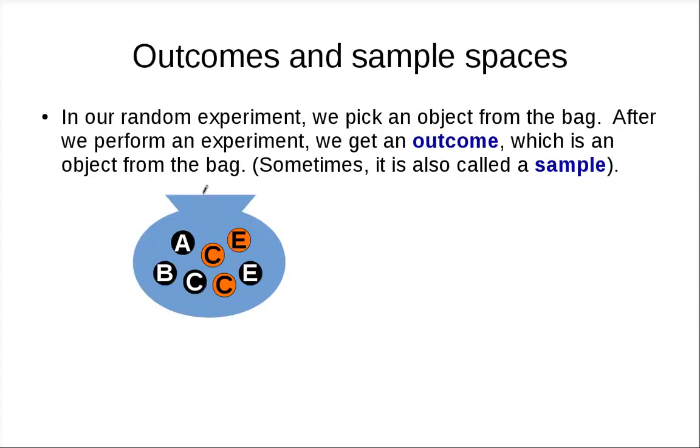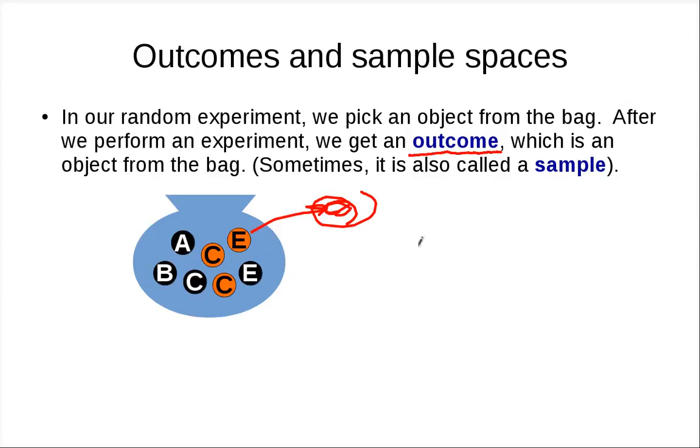All right. Let's talk a little bit about the vocabulary that we're going to use later on. When we perform a random experiment, we get an outcome. Like in this bag, we pick out one ball from it, right? So it's an outcome, and sometimes this is called a sample because you pick something from something.